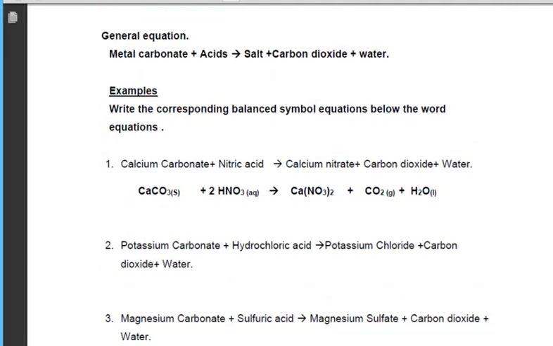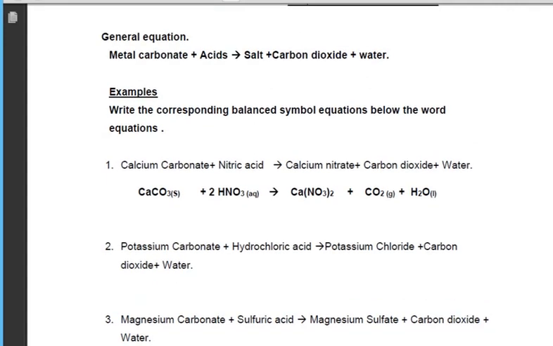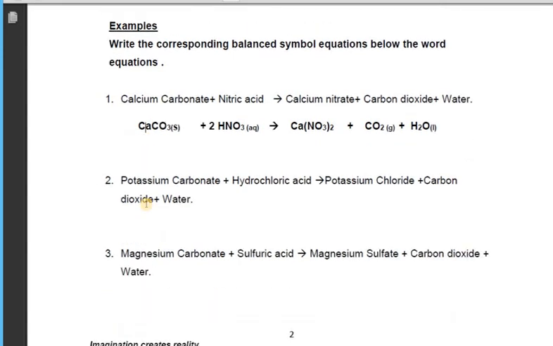Okay, so we also have what are known as metal carbonates. Metal carbonates, as exemplified by what I wrote here, we have calcium carbonate, potassium carbonate, magnesium carbonate. A metal carbonate is basically you taking the metal that you know.